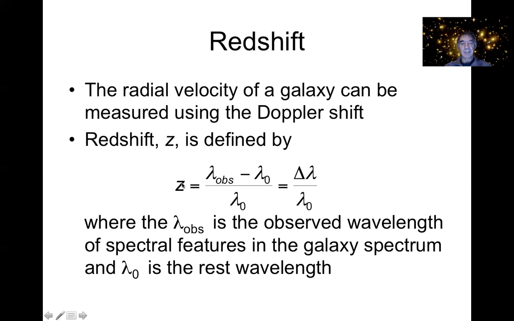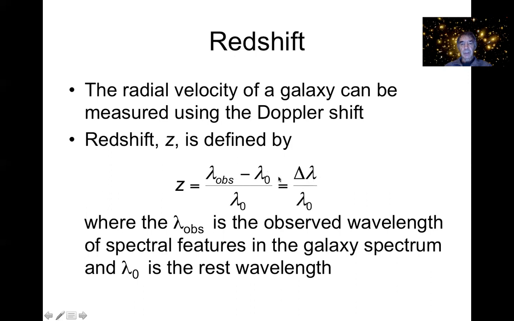This is basically the fractional change in wavelength due to the relative motion of a galaxy, this time, relative to rest. And as always with Doppler shift, you need a spectral line. So you're talking about the wavelength as observed of a particular spectral feature in the spectrum of a galaxy, compared to lambda naught, the rest wavelength, the wavelength that line would have if there's no velocity between the emitter and the observer.